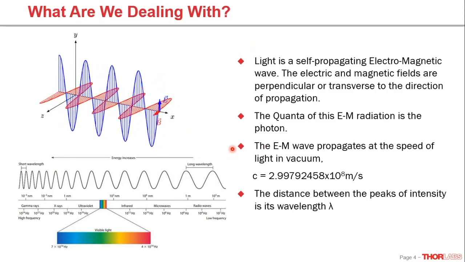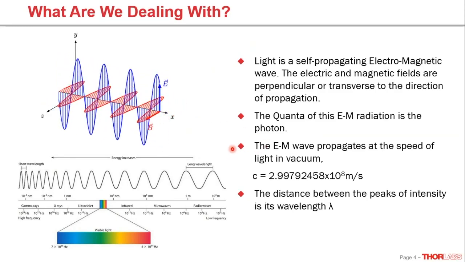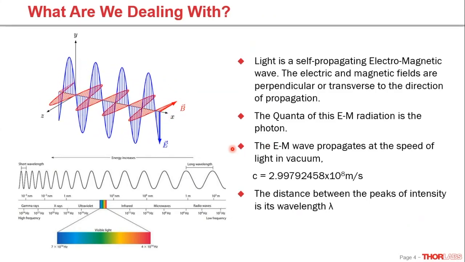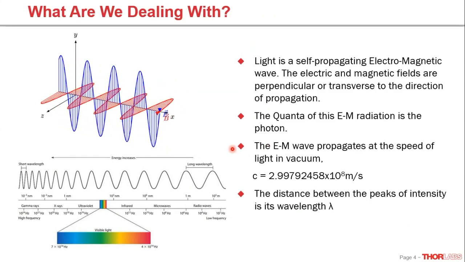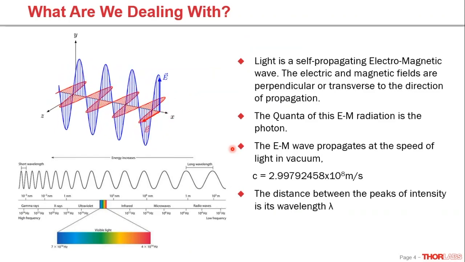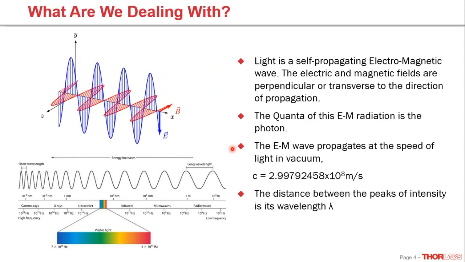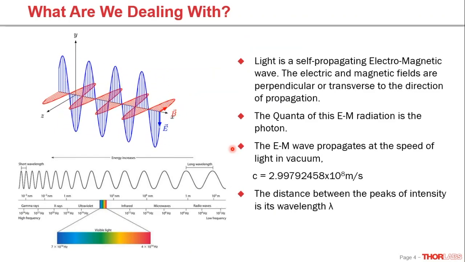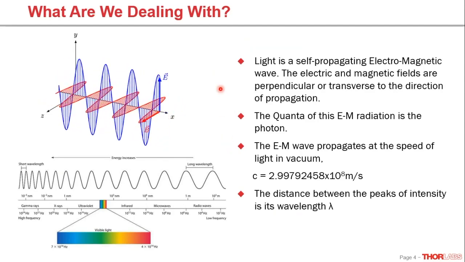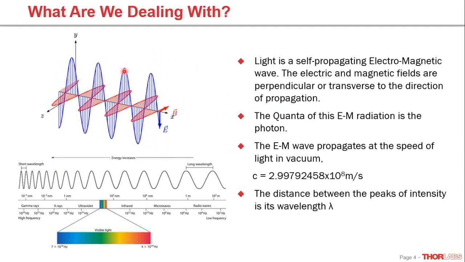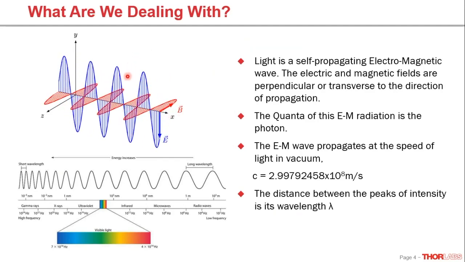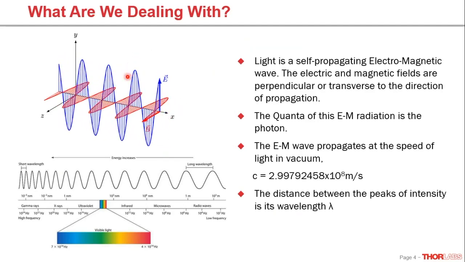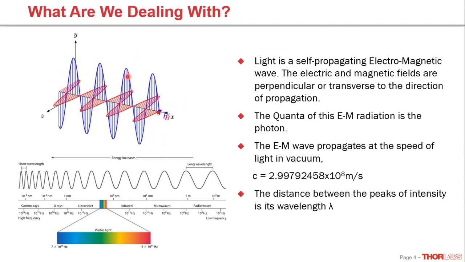The electromagnetic wave propagates at the speed of light in vacuum. It is represented by the letter c and travels at approximately 300 million meters per second. The distance between the peaks of intensity defines its wavelength, denoted by the Greek letter lambda. As we know, over the visible, this corresponds to its color.